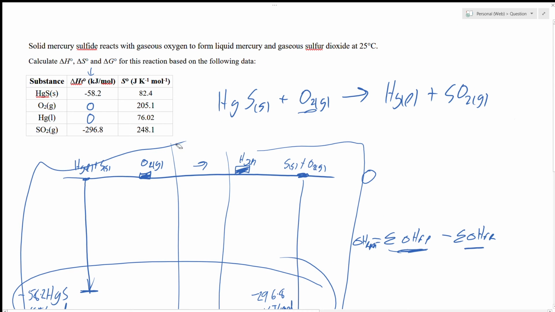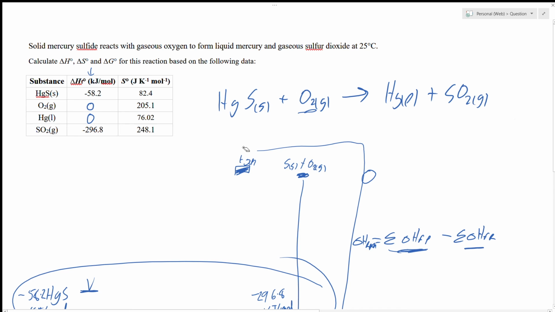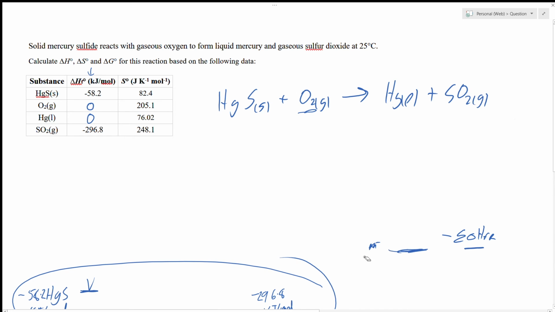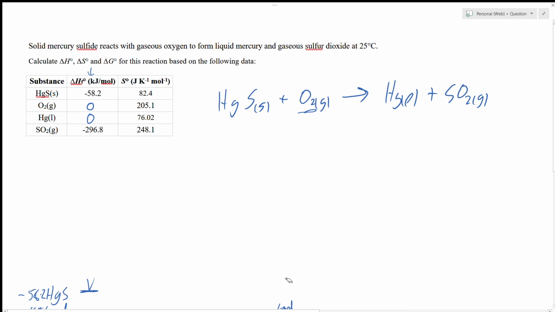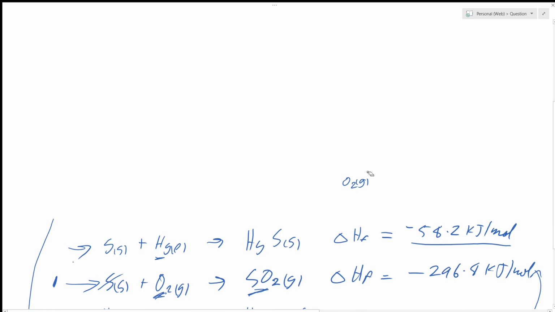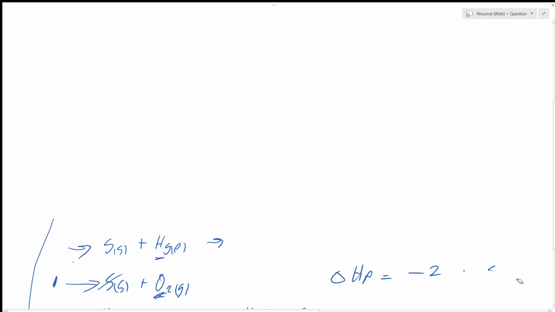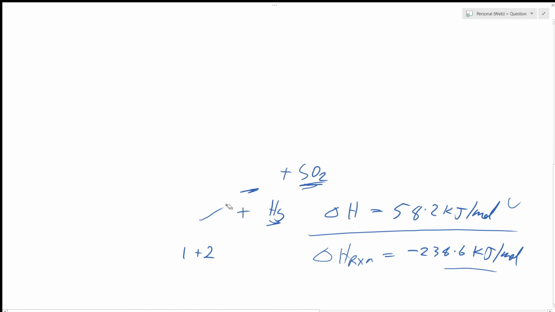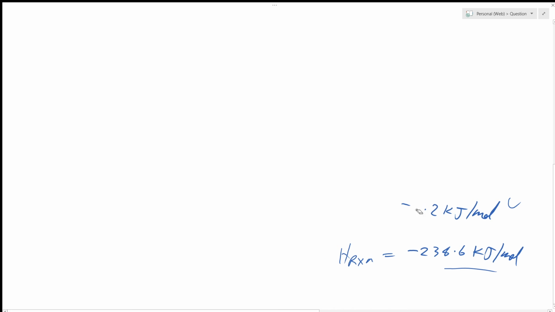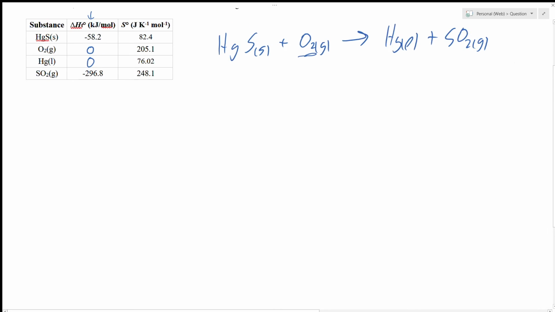So now let's move on to the entropy of this reaction. And entropy is also another state function, so it doesn't care about which pathway we've taken to a particular substance. It only cares about the difference in those states. It only cares about where we are in the scheme of things. It doesn't care about our pathway which we've used to get there.